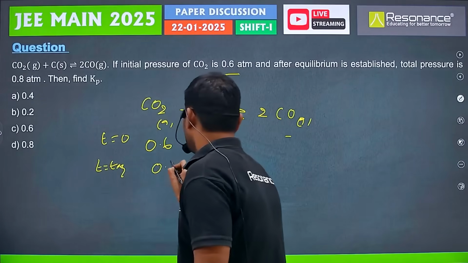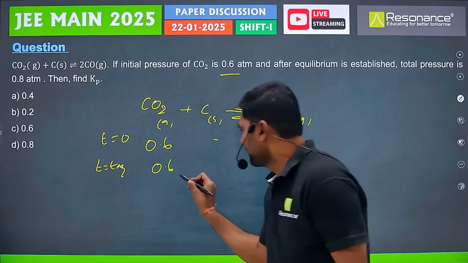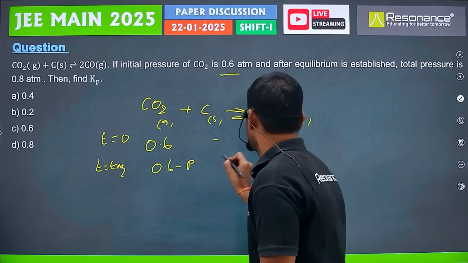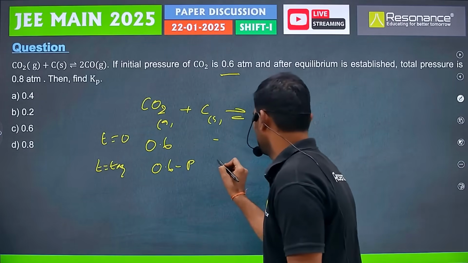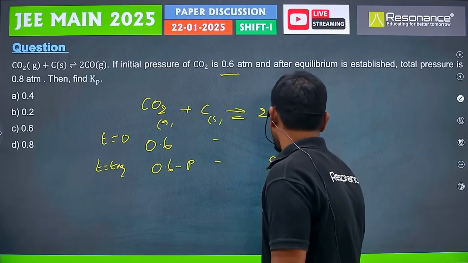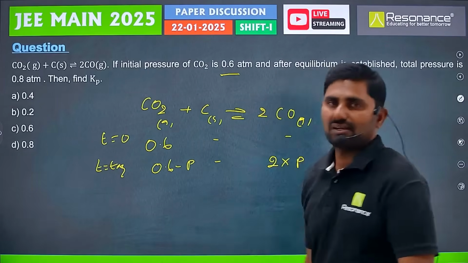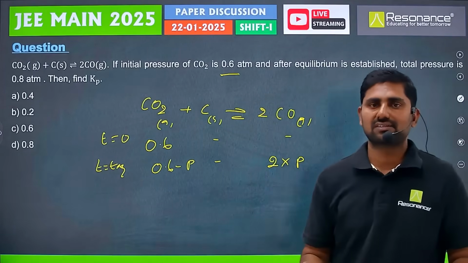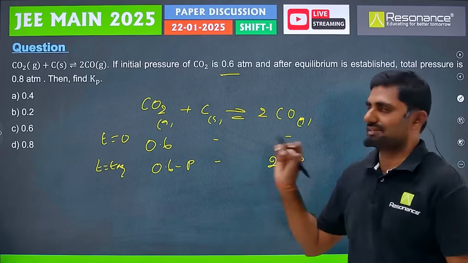At equilibrium, we can write 0.6 minus P for CO2. C is solid, its active mass is 1, so we don't consider it. For CO, 2P. Now the total pressure is the sum of the pressures of all gases.